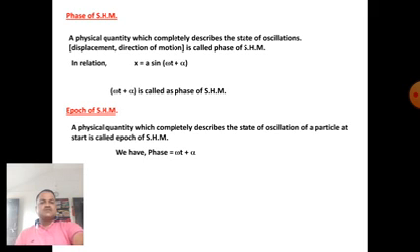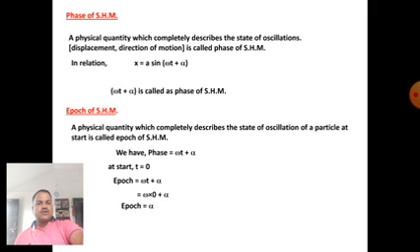We have phase is equal to omega t plus alpha. In that, put t is equal to 0. If t is equal to 0, the particle is at the initial position, because time is measured from the start position. So therefore epoch is equal to alpha.